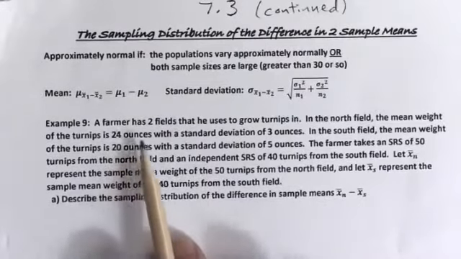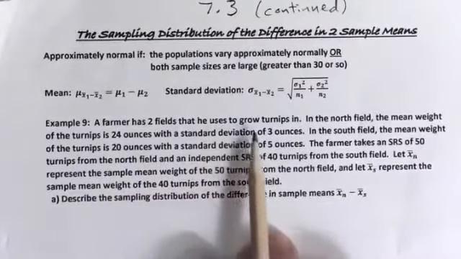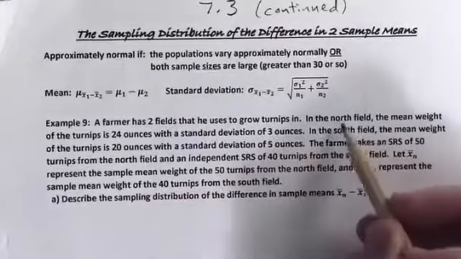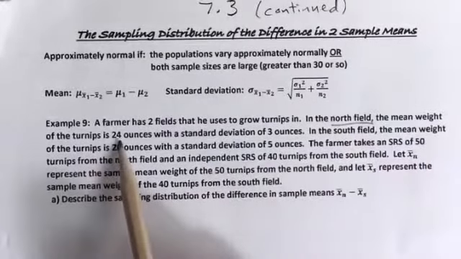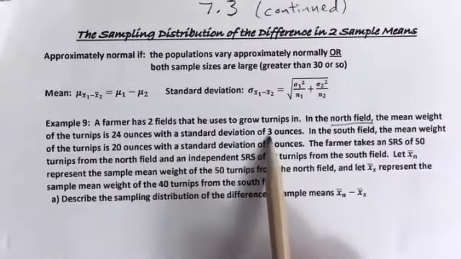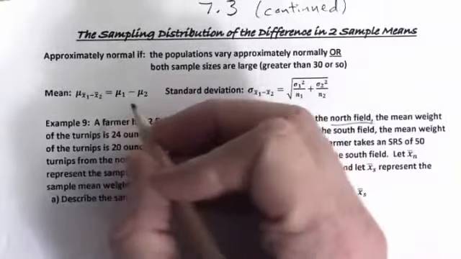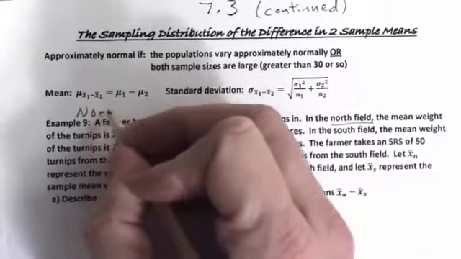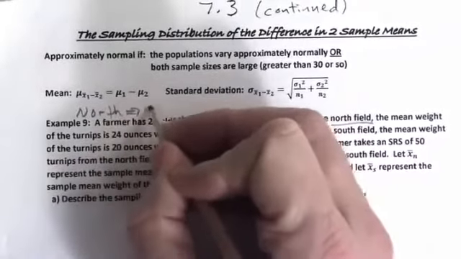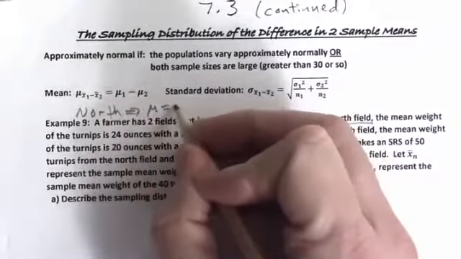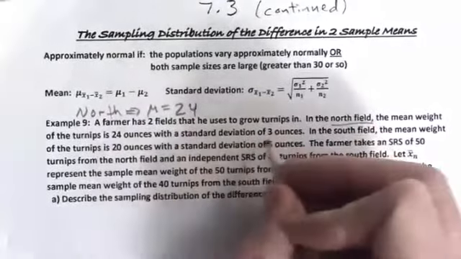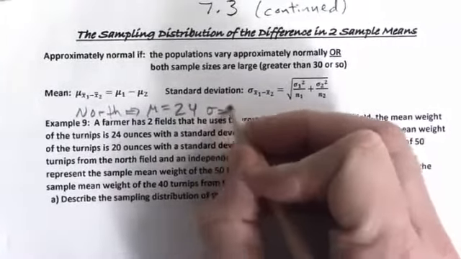So this one says a farmer has two sets of fields that he uses to grow turnips in. In the north field, the mean weight is 24 and the standard deviation is 3. So in the north, our population mean, mu, is 24, and our population standard deviation, sigma, is 3.